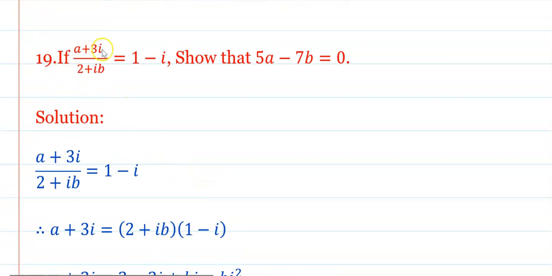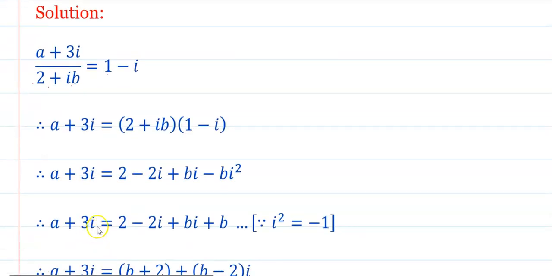If (a plus 3i) upon (2 plus ib) is equal to 1 minus i, then show that 5a minus 7b is equal to 0. Okay. We consider (a plus 3i) upon (2 plus ib) is equal to 1 minus i. The denominator goes to the other side, so it becomes multiplication.